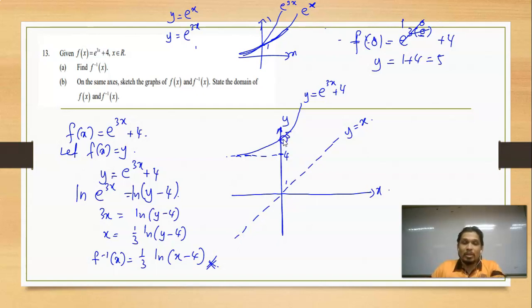So we shift the position of y equals 5 here to x equals 5 here, and y equals 4 to x equals 4 here. Just imagine that this graph shifts to the other side with the same unit. If this is 4, then it's also 4.